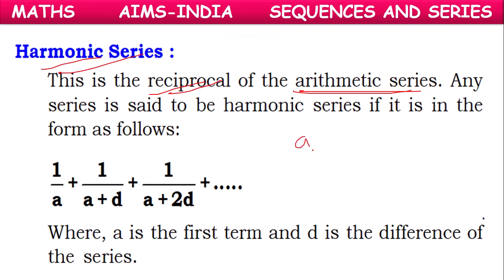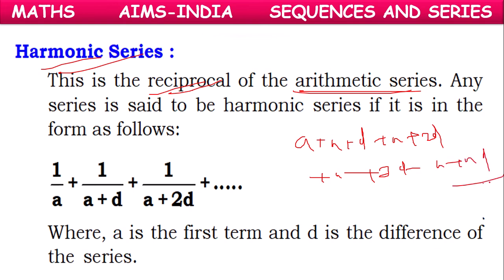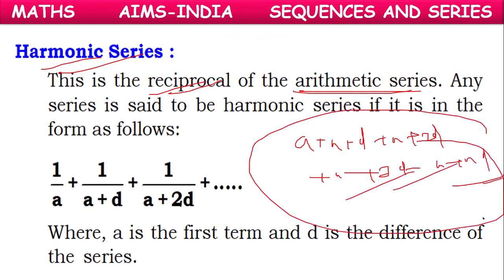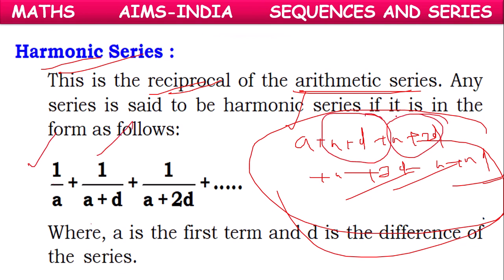Suppose the arithmetic series is in this form: A, A plus D, A plus 2D, A plus 3D, and so on, A plus ND. The reciprocal means for each and every term we have to take the reciprocal. For A, 1 by A. For A plus D, 1 by A plus D. For A plus 2D, 1 by A plus 2D.